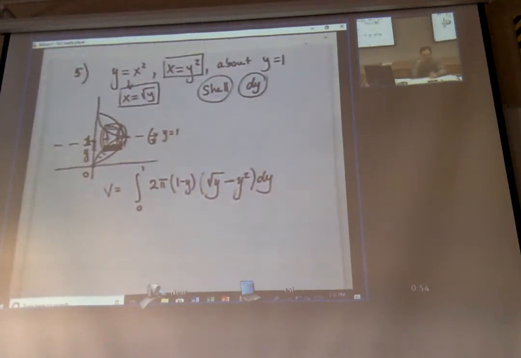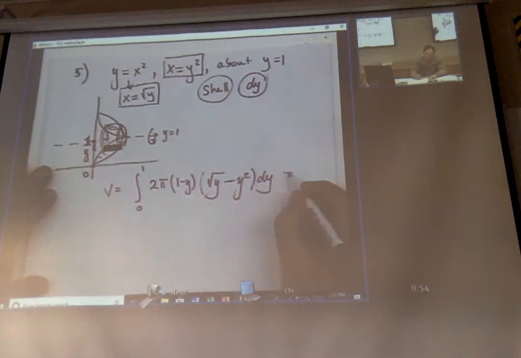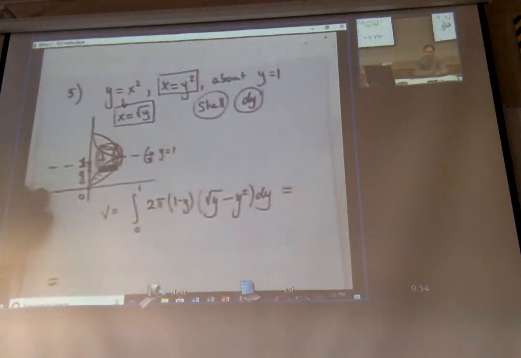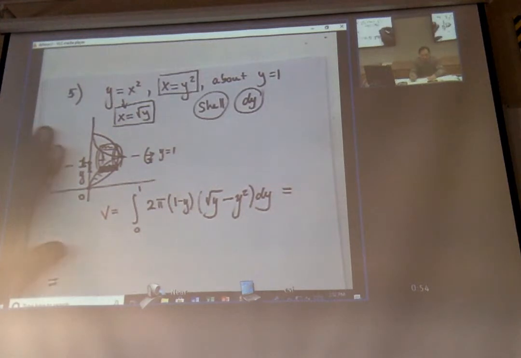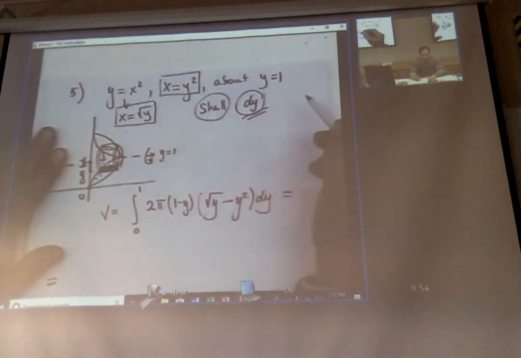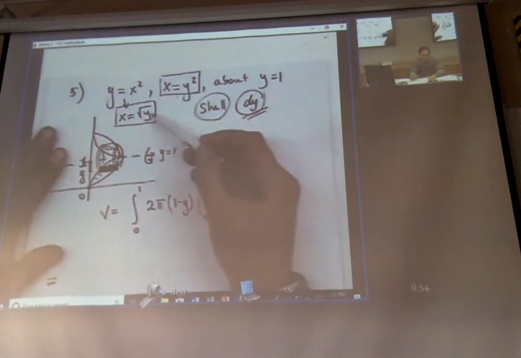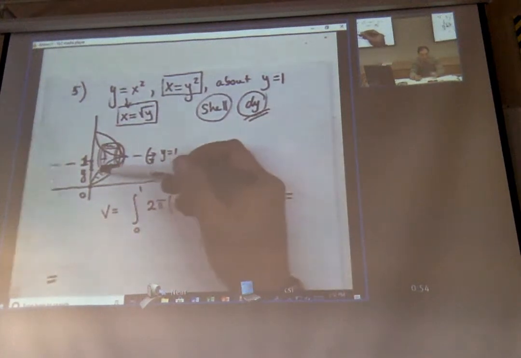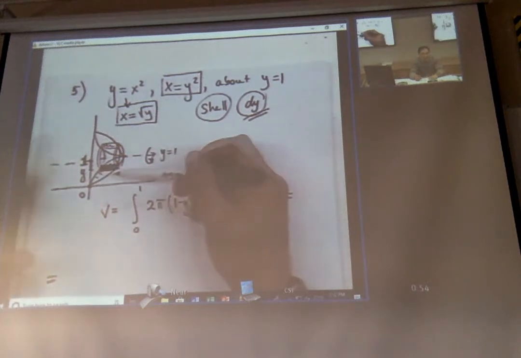So we're done with the integral. Look again at what's important: to determine if it's dy or dx. The next thing, to solve all your functions, like for this example, since I have dy, to solve everything for y. The next thing, to put the rectangle, and this rectangle will be parallel to the axis of rotation.